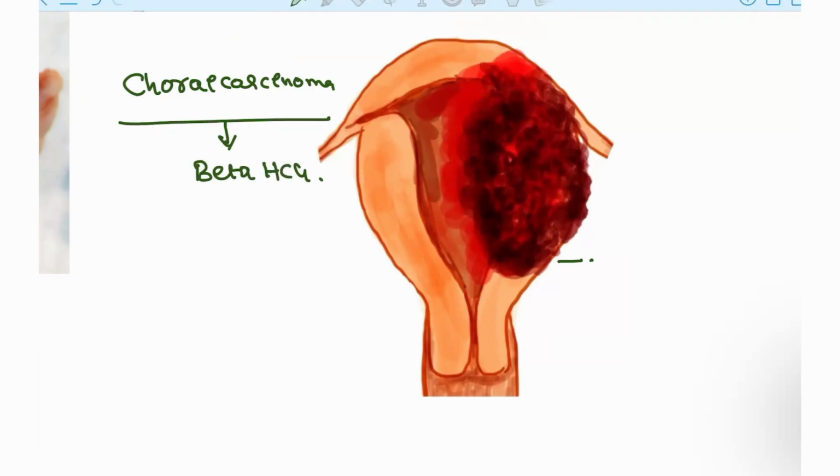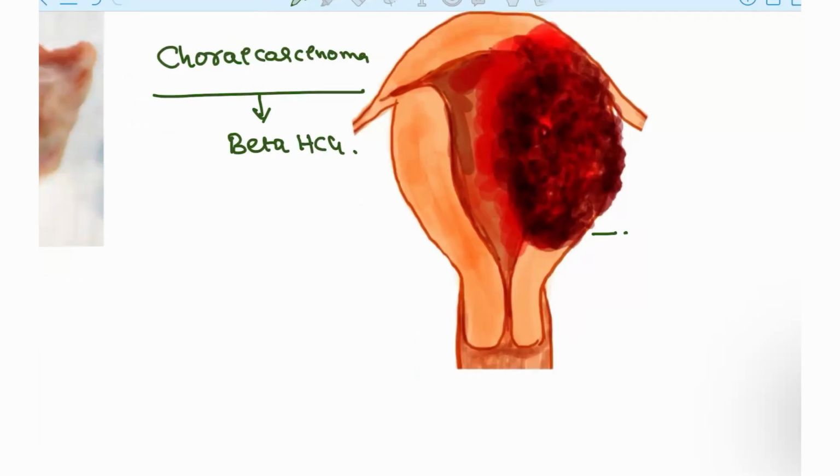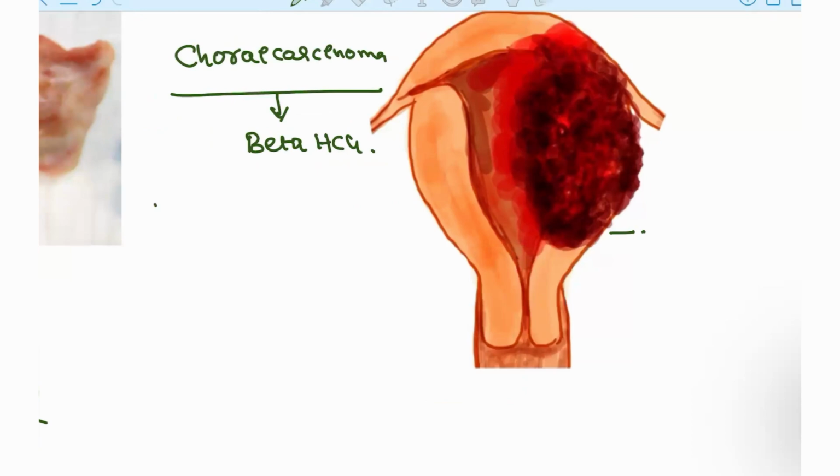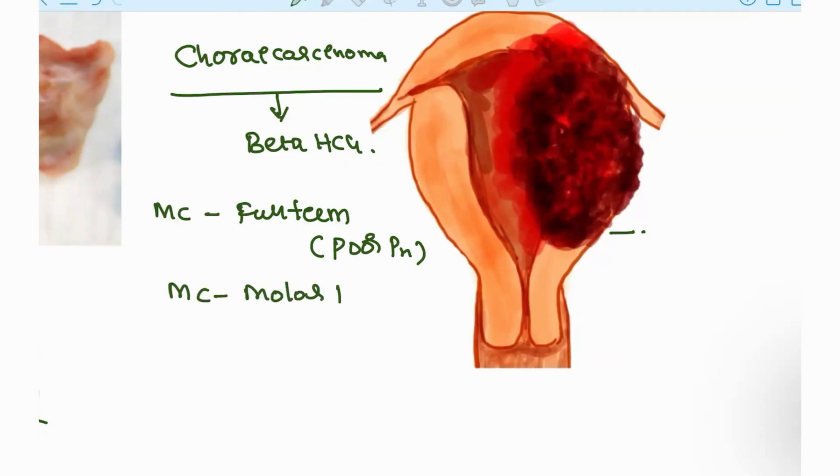Important points that you have to take note of: choriocarcinoma is most commonly associated with full term pregnancy, and if it is associated with full term pregnancy, then it has a poor prognosis. Other than that, it can also be associated with molar pregnancy. So what is the difference between the most common with full term and the most common with molar pregnancy?